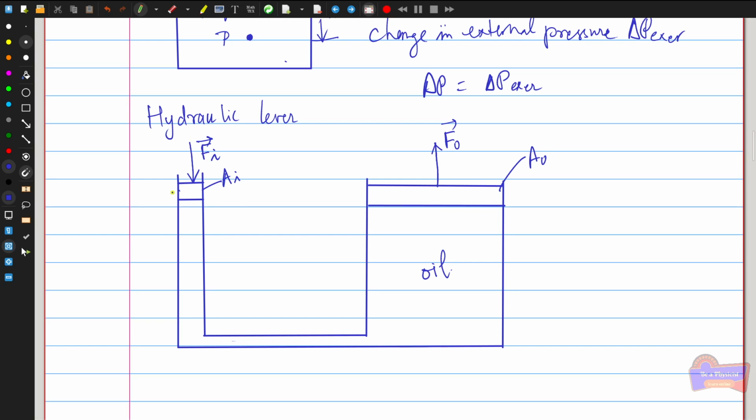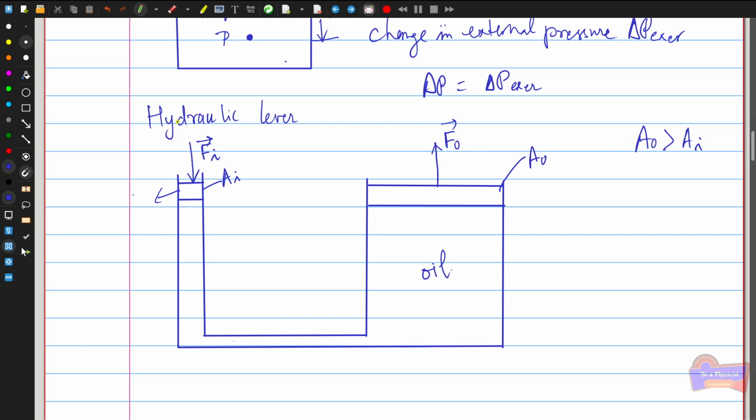This is the first piston, the input piston, which has the area A_i, and this is another piston, the output piston, which has the area A_o. Usually A_o is much larger than A_i.